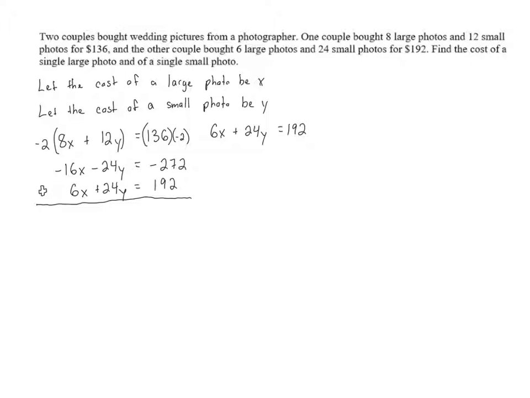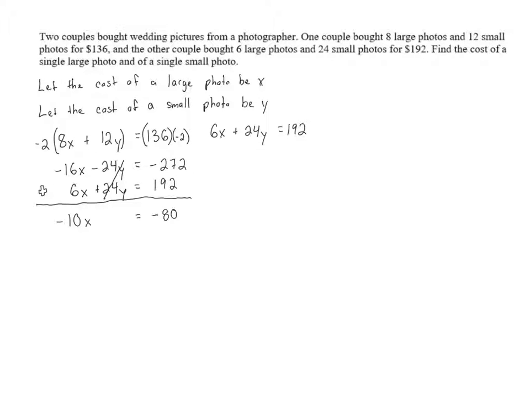On the left side, we have negative 16x plus 6x. When we add those together, we end up with negative 10x. If we look at the y's, negative 24y and positive 24y cancel out. And on the right, negative 272 plus 192 gives negative 80.